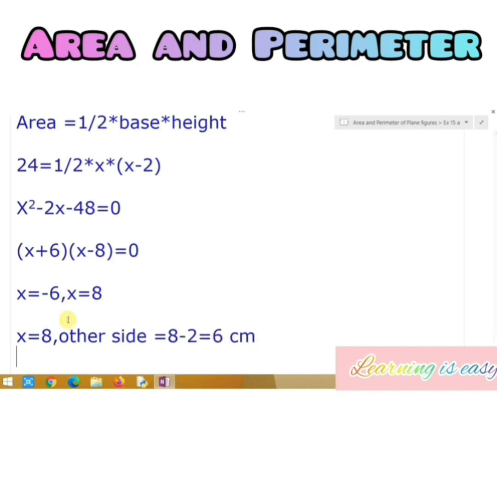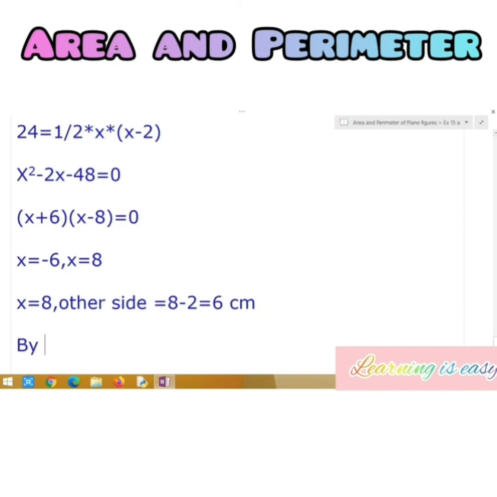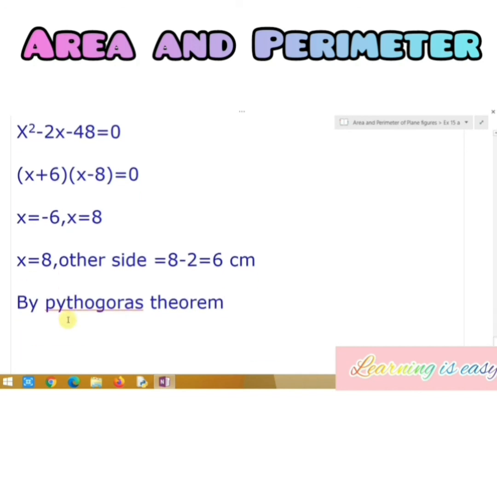So with these two sides, by Pythagoras theorem, we can find the third side. That is the hypotenuse. So hypotenuse equal to square root of 8 square plus 6 square. So 8 square is 64 and 6 square is 36.